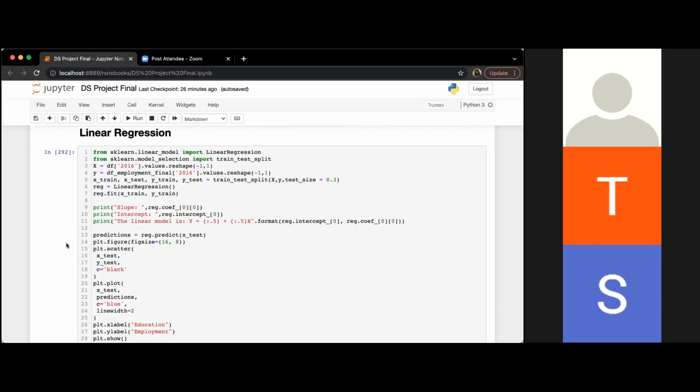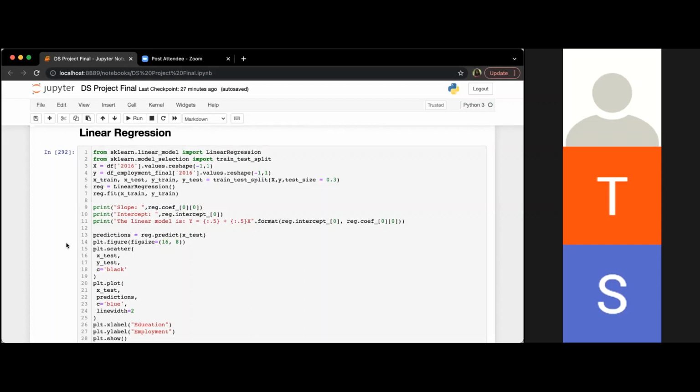So, as our null hypothesis was rejected, there's a chance that our alternate hypothesis holds, which means that education and employment have some kind of correlation. To show this, we use linear regression. As you can see, we reshape the data, and then we split it into training and testing data sets.